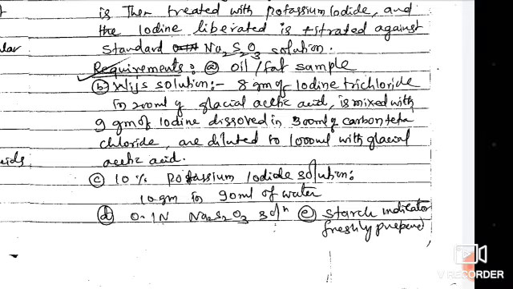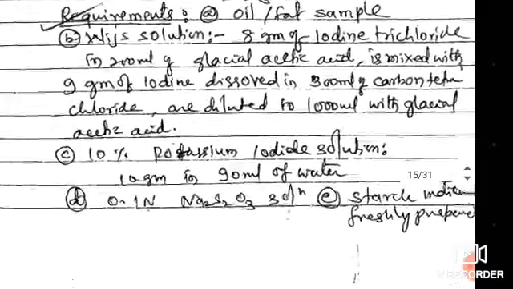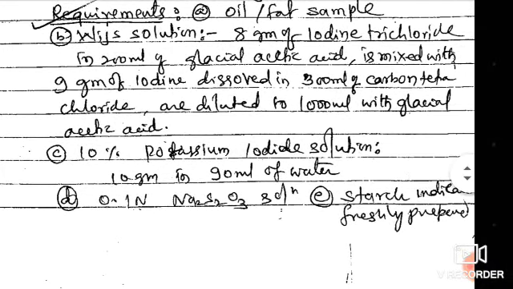How can one prepare it? 8 gram of iodine trichloride is dissolved in 200 ml of glacial acetic acid, and this is mixed with 9 gram of iodine dissolved in 300 ml of carbon tetrachloride, and then the solution is diluted to 1000 ml with glacial acetic acid.